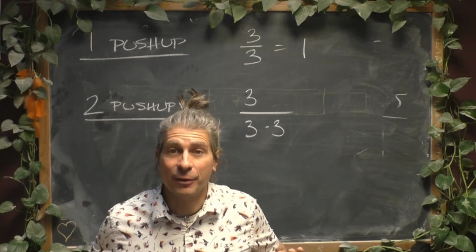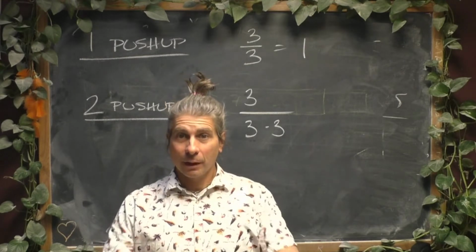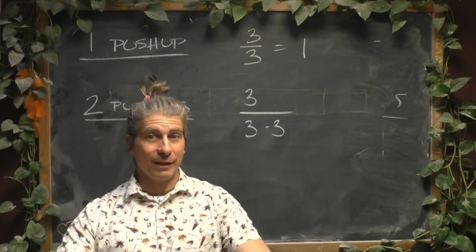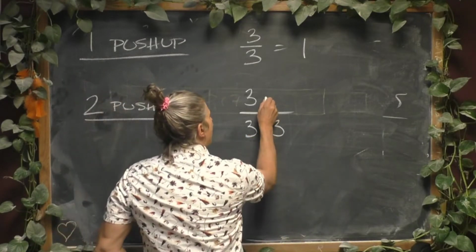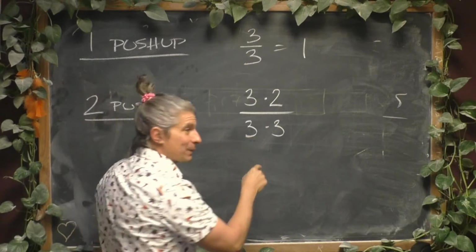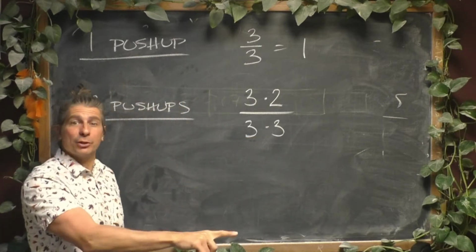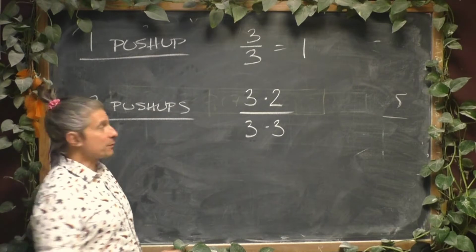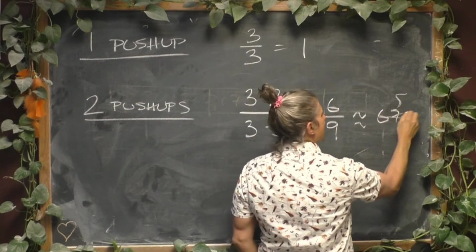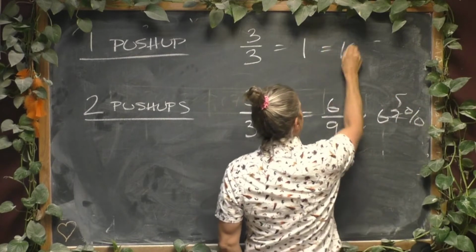That means the second one either has to be a 2 or a 3. Let's say the first one was a 2. That means the second one has to be a 1 or a 3. I think you'll see where this is going. You now have 2 choices for the second one. So the chance of having 2 unique push-ups in a sequence of 2 is going to be 6/9, or about 67%. This one's 100%.